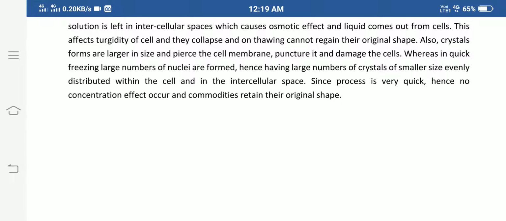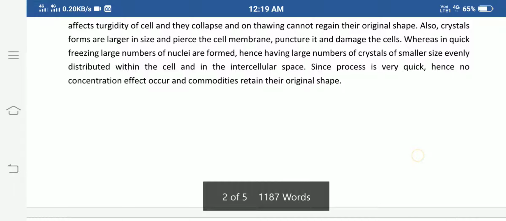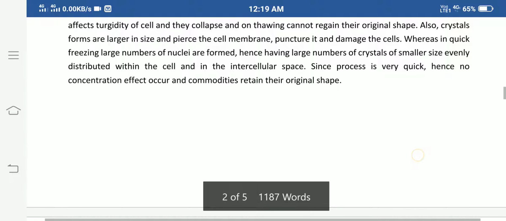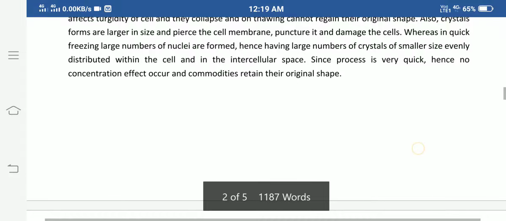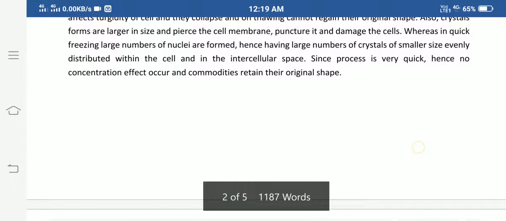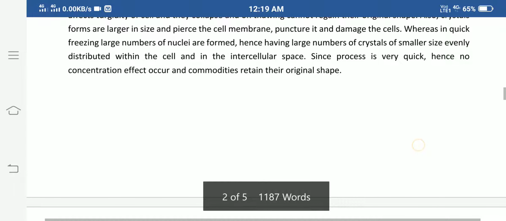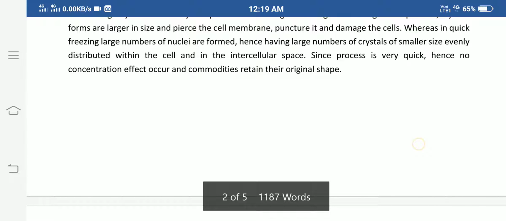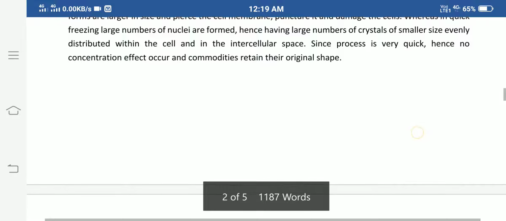Whereas in quick freezing, large numbers of nuclei are there, with many crystals of smaller size evenly distributed within the cell and in the intercellular space.